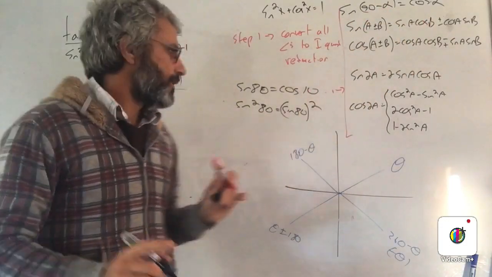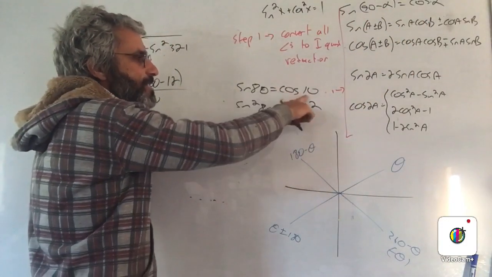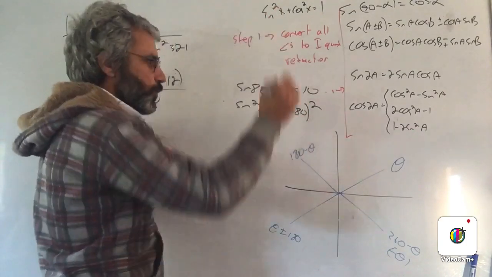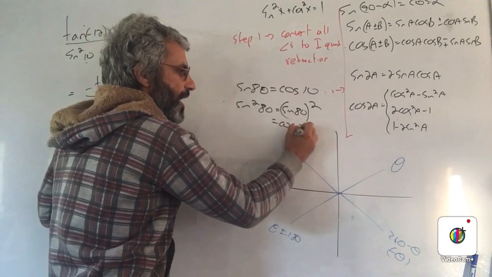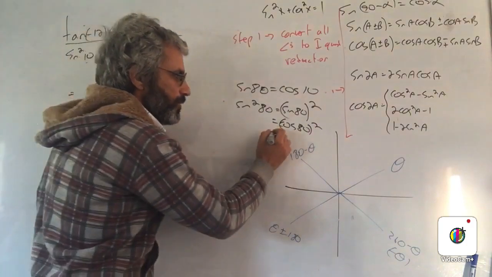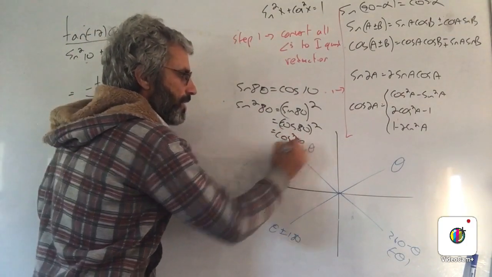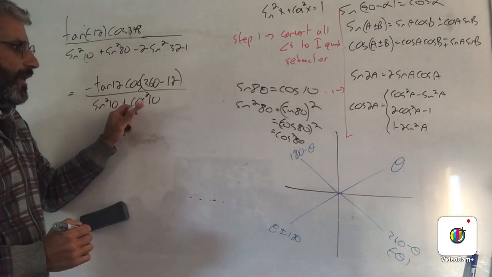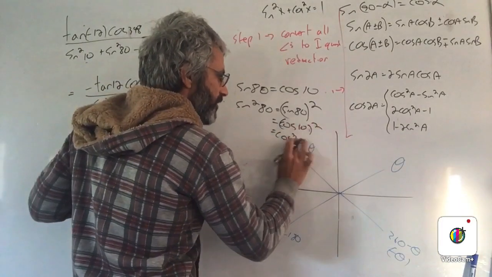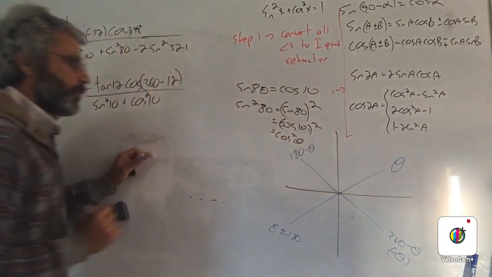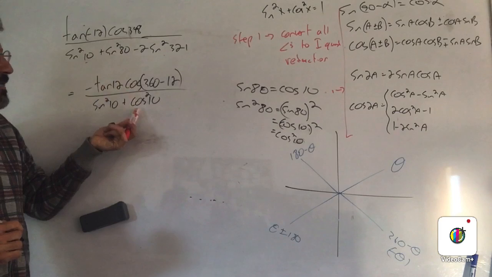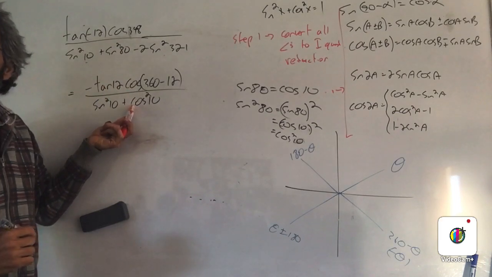So if sine 80 equals cos 10, sine square 80, which basically means sine 80 squared, is cos 10 squared. In other words, it's cos square 10. I meant 10, yes. Sorry, looking at me, I can feel your stare. So it is right to say that sine square 80 is cos square 10, right?